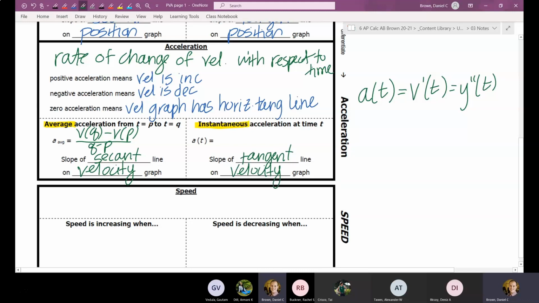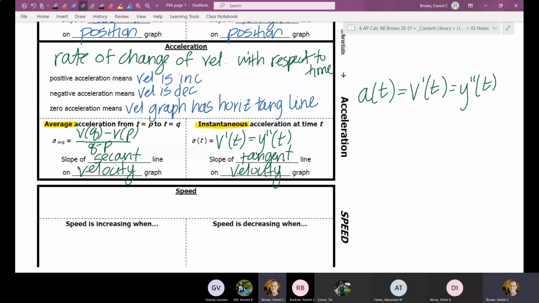We can define acceleration as the derivative of velocity or the second derivative of position. That's the first big idea that we'll see a lot in this class, especially whenever we're discussing position, velocity, and acceleration: how they're related to each other in terms of calculus.